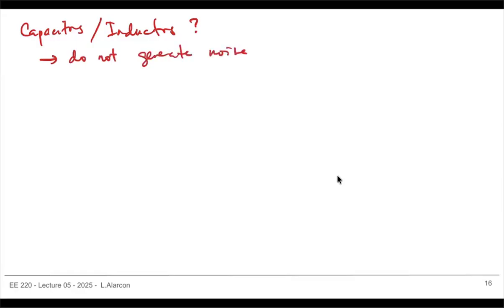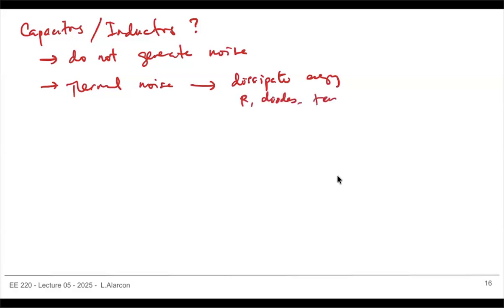So when we say thermal noise, it's only in devices that dissipate energy, like resistors, diodes, transistors. Anything that has some resistance will generate thermal noise.